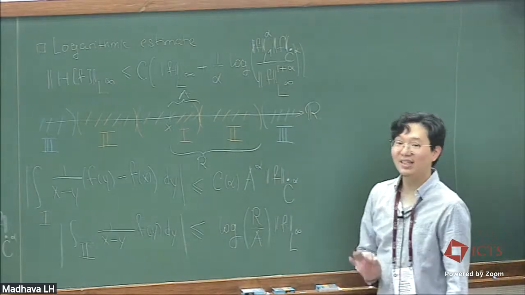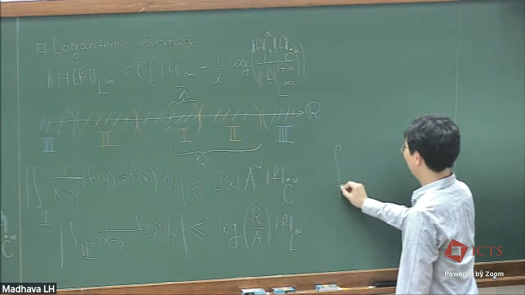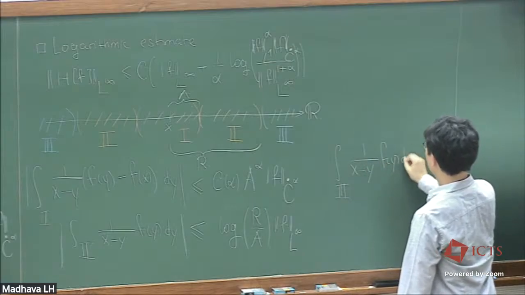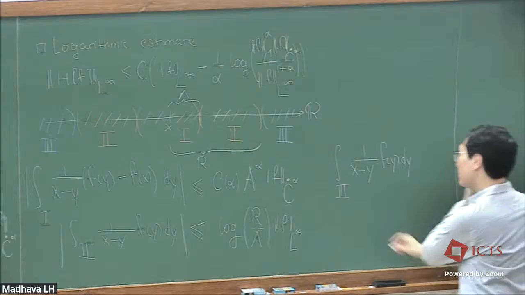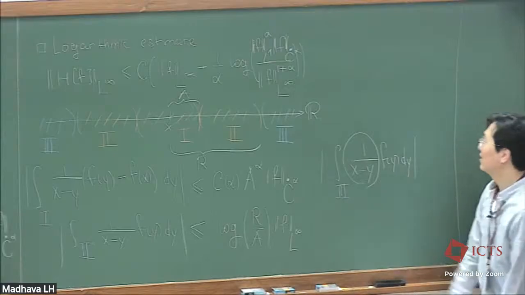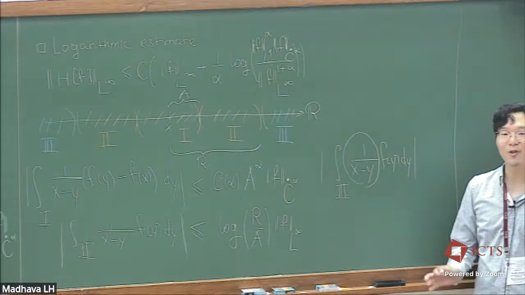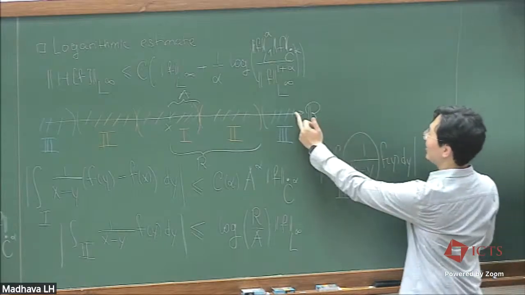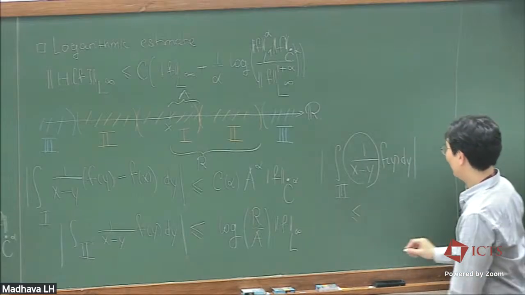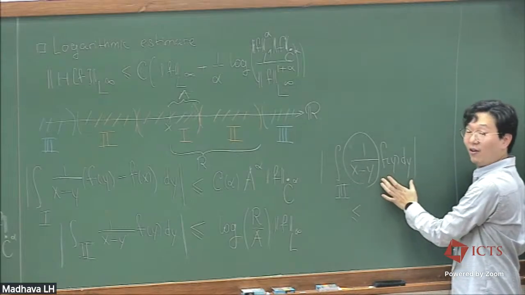This region is even easier. We don't do anything, basically. In this region, the observation is that now this is less than 1 over R, pointwise, if y is in this region. Then what remains? If you pull this out by 1 over R, you have the integral of f.